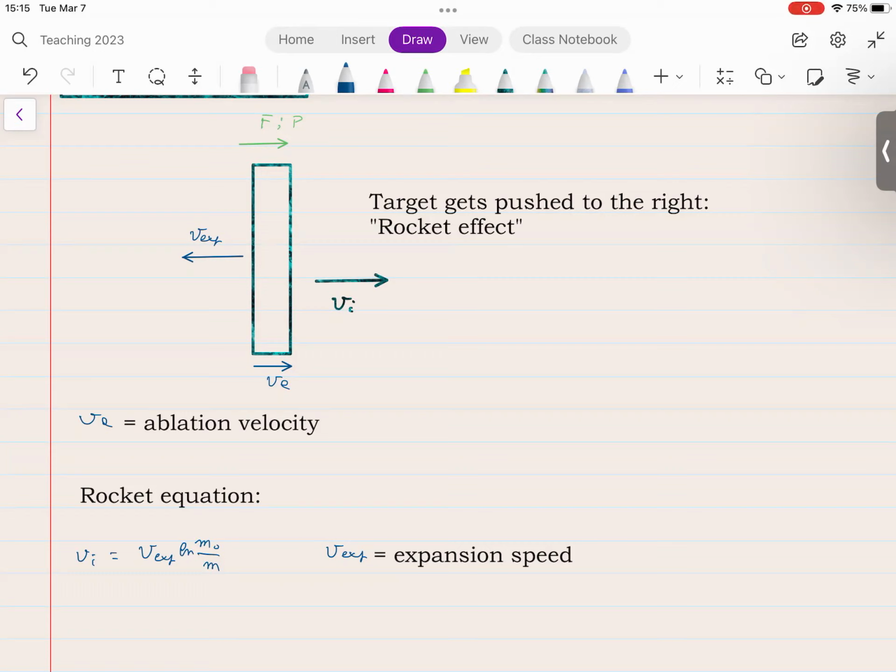All right, so that is our velocity as a function of time. That's what the rocket equation gives you. And sorry, Kiram, I'm giving you the constant result.